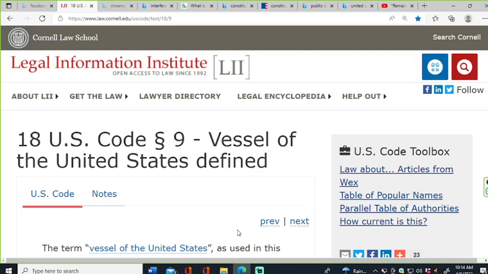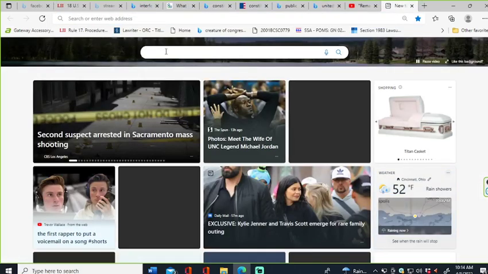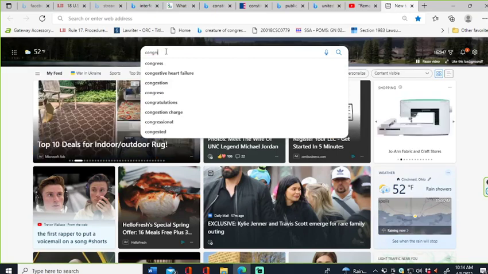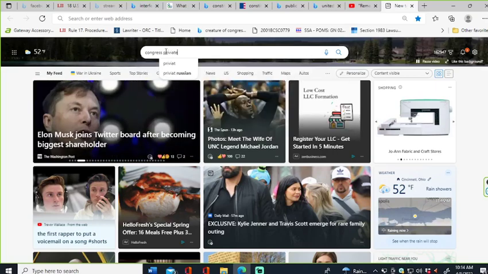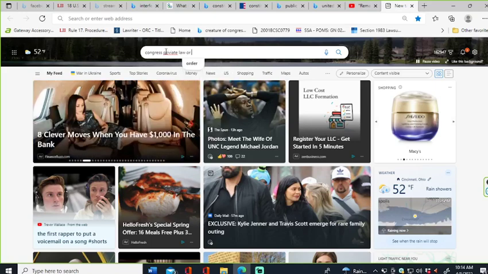And what has to happen is there is a private law somewhere dealing with it. So we're going to talk about Congress, and they call it private law or slip law.